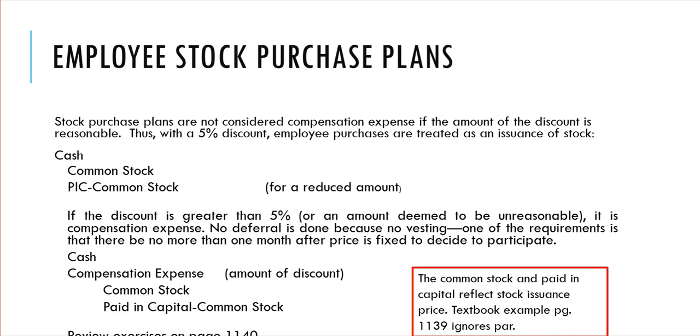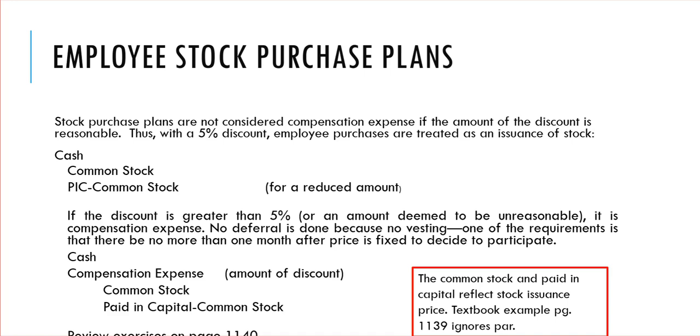Okay, and the cash that is actually coming out here, even though it's a debit to cash, that cash is actually coming out of the employee's payroll in a payroll deduction. So I kind of shortcutted it a bit to make it a little easier for you. I just want you to understand we're just adjusting paid in capital. We're just concentrating now on equity and saying we adjust paid in capital.